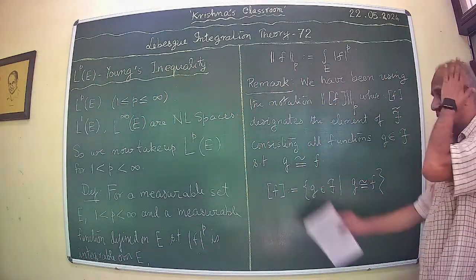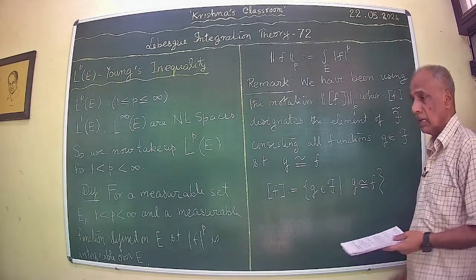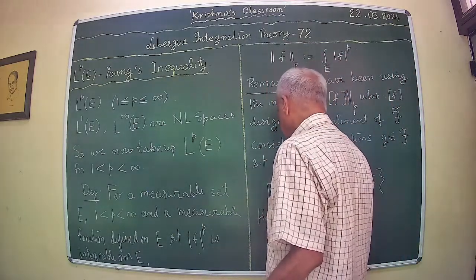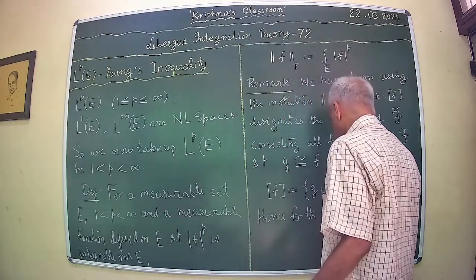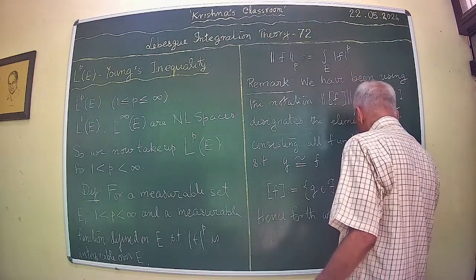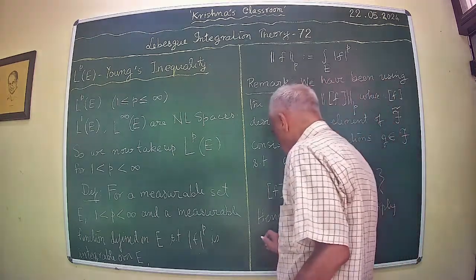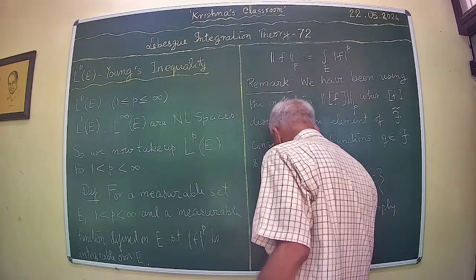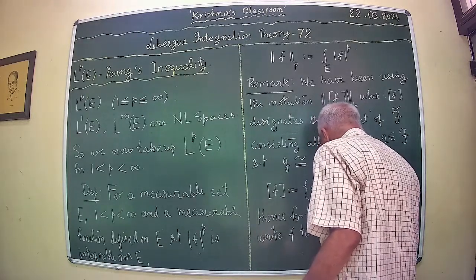Now we found that this can be made into a linear space and into a normed linear space, but henceforth we shall simply write F to designate the class.